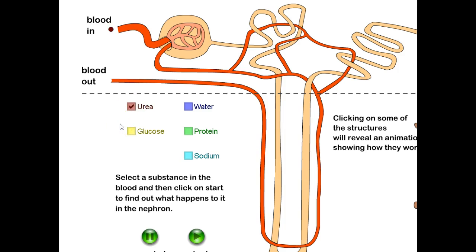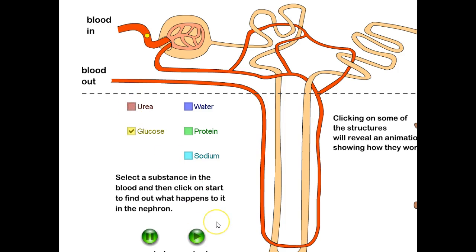Urea is waste, right? So if we watch that, what's going to happen is it's definitely going to make it all the way outside of the nephron, and it's definitely going to collect out as waste. It's that yellowy, smelly material. If we go ahead, let's think about our next thing that we want to use. Let's go ahead and just see what glucose does.